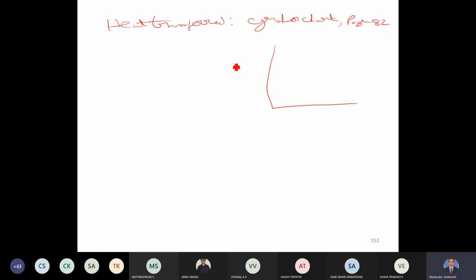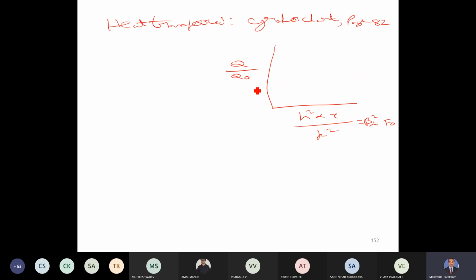So what do we have here? On the y-axis, we have q by q naught, and on the x-axis, we have h square alpha tau divided by k square, which is nothing but Biot square divided by Fourier, where Biot is hR by k.